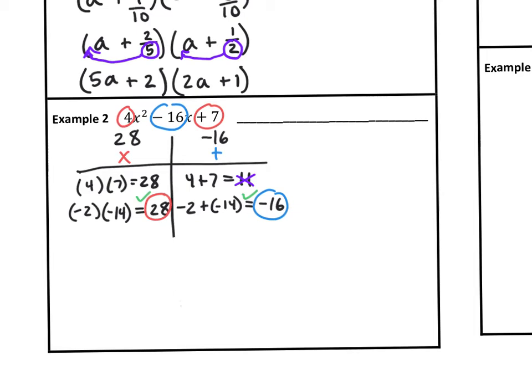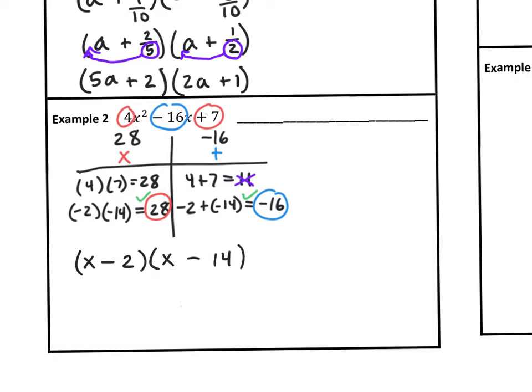Okay. And so, again, set it up like we set up our answers last time. The letter is X. The combination that worked was minus 2 and minus 14.